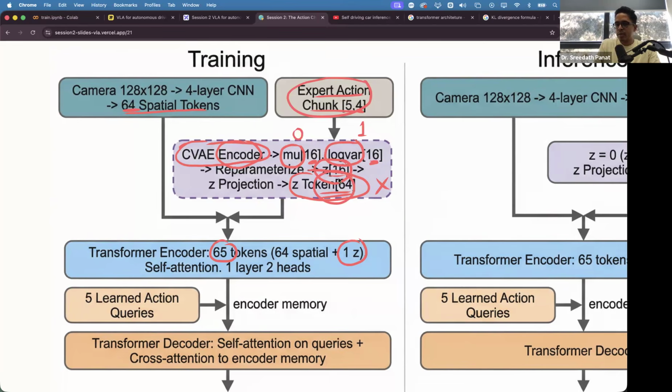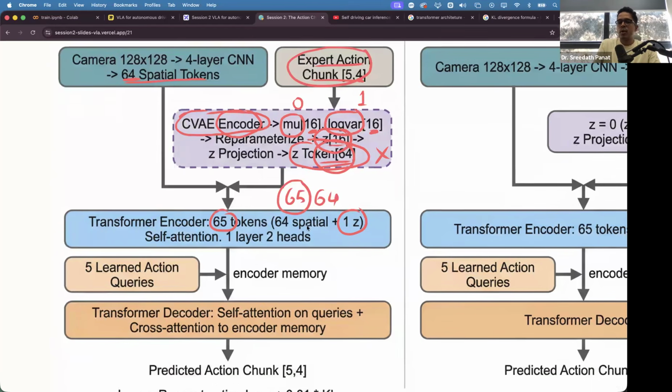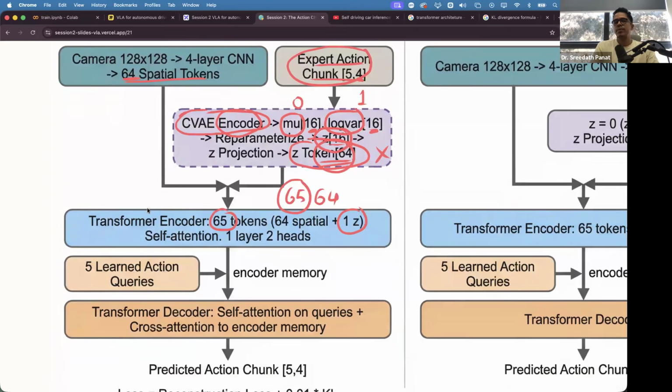So now we have a 64-dimensional token, which will go with these 64 tokens, each of which is 64 dimensions. So totally now we have 65 tokens, each of which has a dimension of 64. Now these 65 tokens will undergo what? Cross attention or self attention in the transformer encoder.